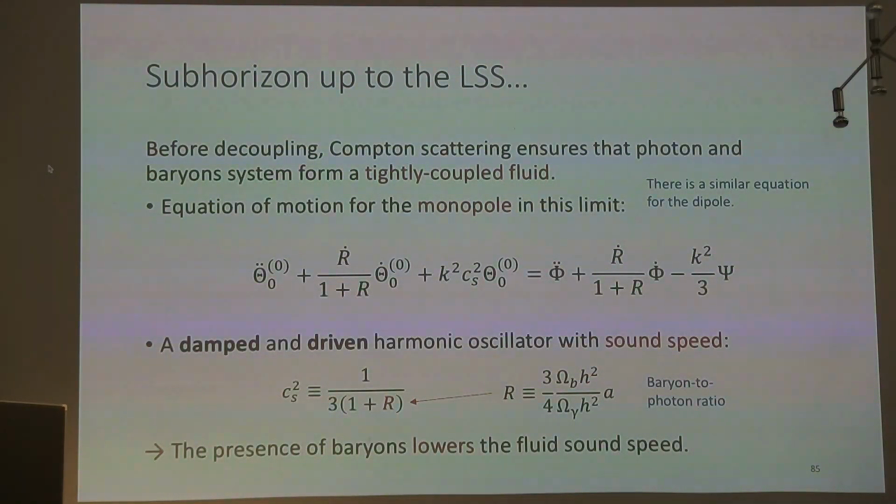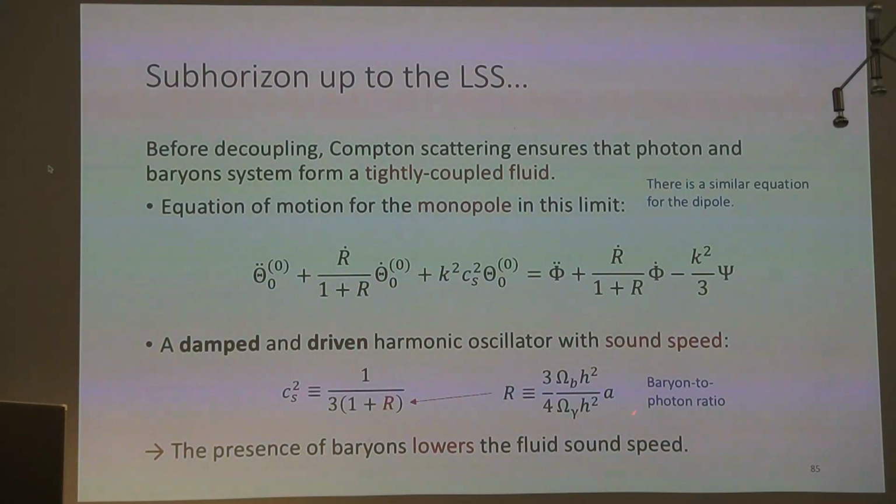And by the way, R is tiny. If you want a numerical value for that, it's actually very much less than 1. That is because, well, the omega B is 5%, as we know, omega gamma, which is the photon energy density today, that's like 10 to the minus 5.